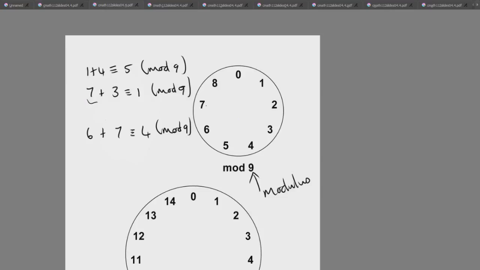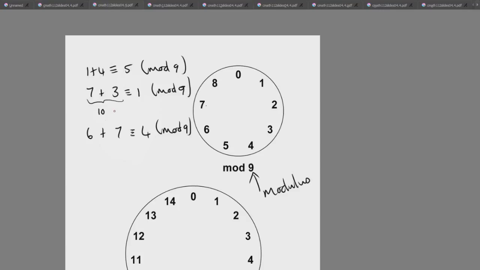Well, in my normal number line counting system, 7 plus 3 will be 10. It's as if I start at 0 and walk 10 steps around. Because I made a full loop of 9, I really only have 1 left.